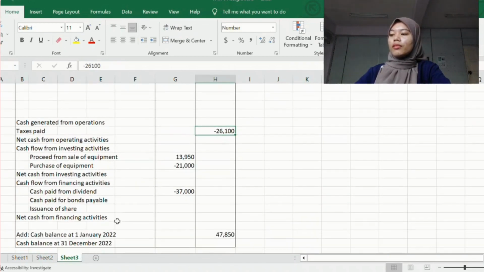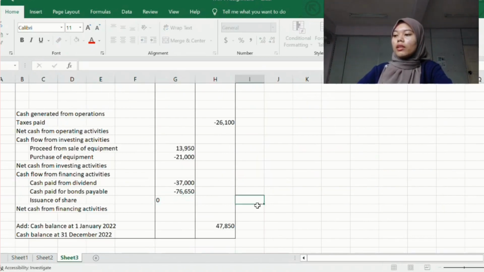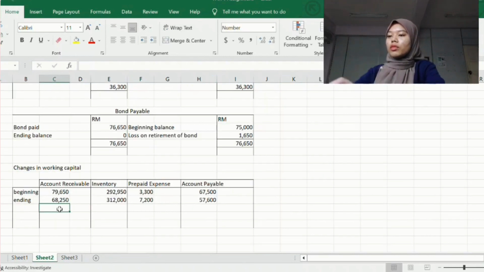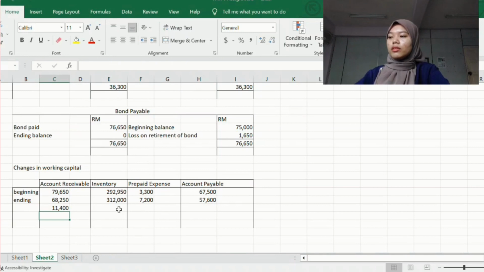We put it under financing activities, cash paid for bond. For the issuance of share, in order to get it, the beginning balance of share capital minus the ending balance. But here we got 0, so we have no issuance of share for the year.